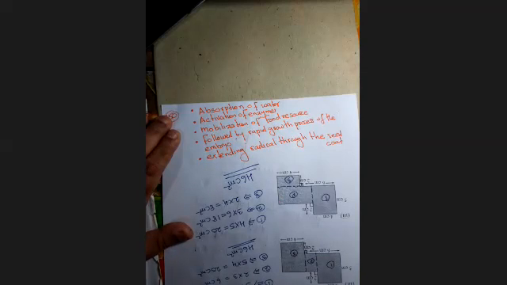Understood? Radical is the first root. So if you write all these, you are writing the definition for seed germination.